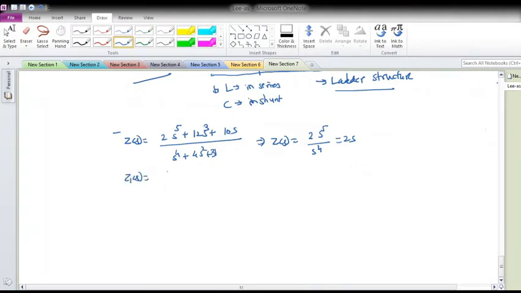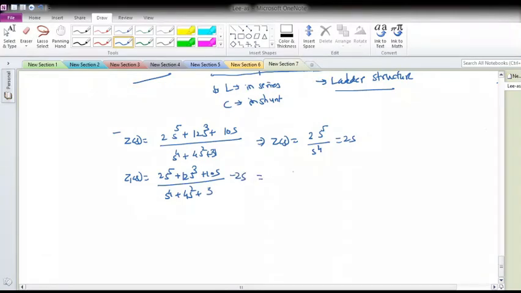It will be Z of s minus 2s, so it will be 2s raised to 5 plus 12s cube plus 10s divided by s raised to 4 plus 4s square plus 3, minus 2s.